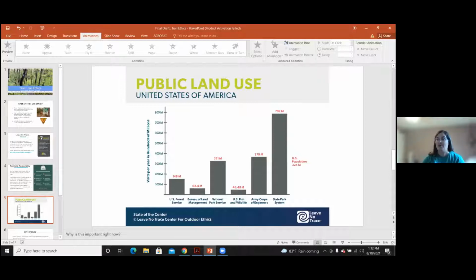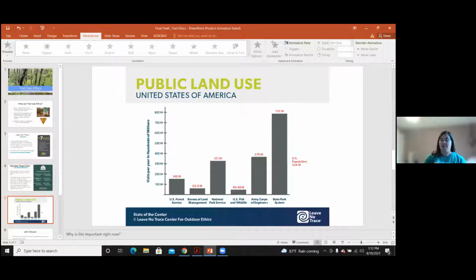So this is how many people are using these different Forest Service lands, National Park Service lands, state park systems, and so on. They're estimating here that there are 792 million visits per year to state park systems. So that's a lot of people using our state parks.